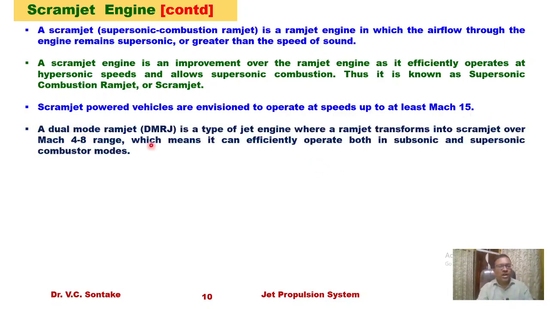A dual mode ramjet, in short called DMRJ, is a type of jet engine where a ramjet transforms into a scramjet over the Mach number 4 to 8 range, which means it can efficiently operate in both subsonic and supersonic combustor modes. So that is the dual mode ramjet engine. It can operate like a ramjet as well as like a scramjet.